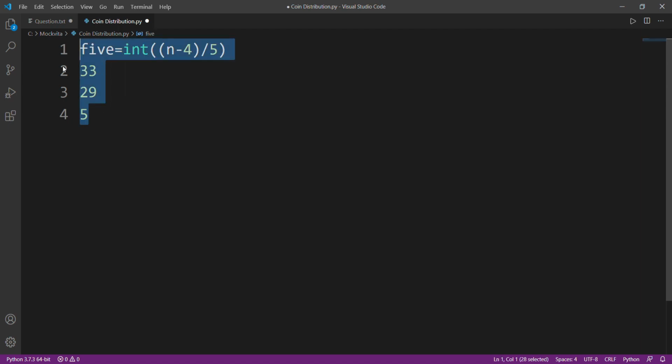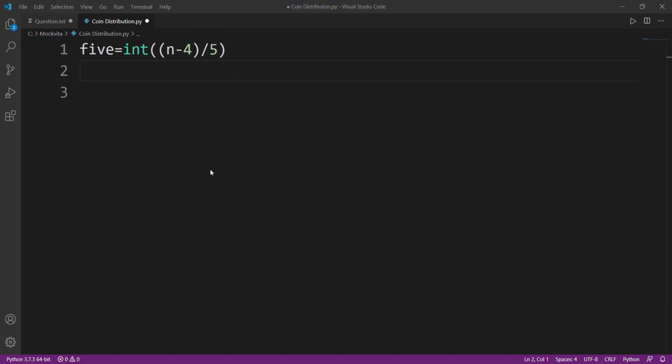You can test it for any value, and our answer will succeed. Since we only want the difference between the number and the multiple of 5 to be greater than or equal to 4, we simply subtract 4 from our number and then divide it by 5. Now we have successfully calculated how many 5s we'll have.